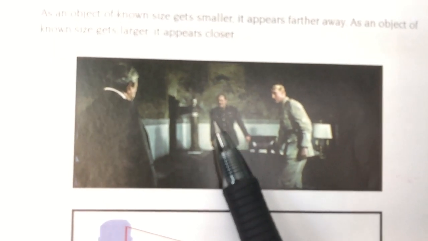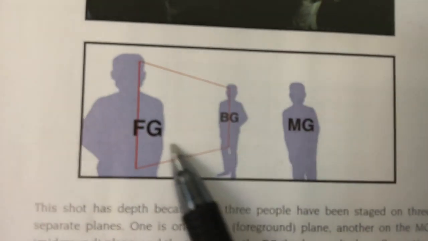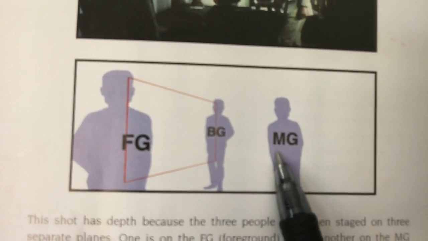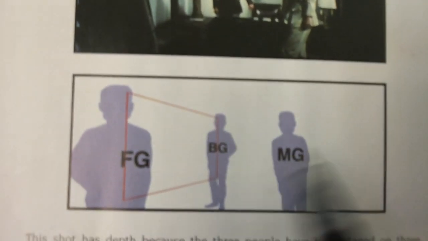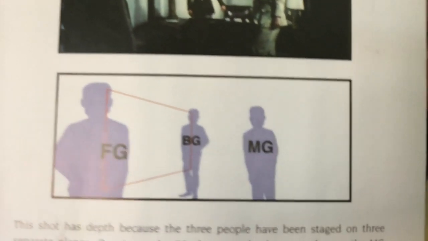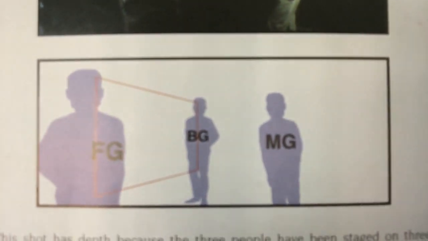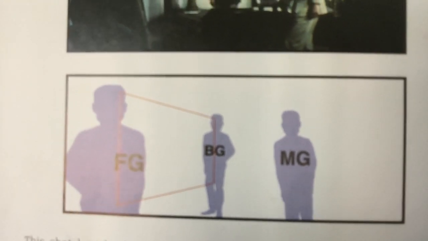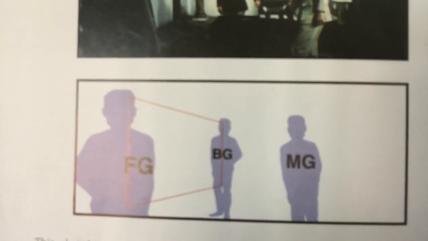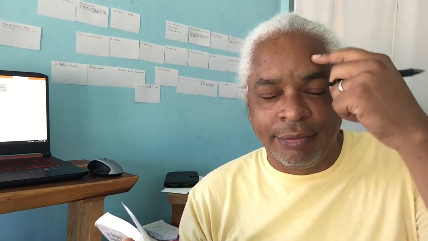Okay? So now we have to bring in the terms foreground, midground, and background, which would explain the size difference. And we see that size difference as a cue, a depth cue. All right? Objects in the foreground appear larger. Objects in the background appear smaller. That's depth. The brain translates that size difference into depth.